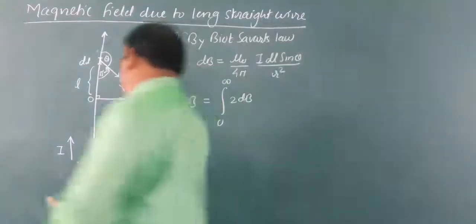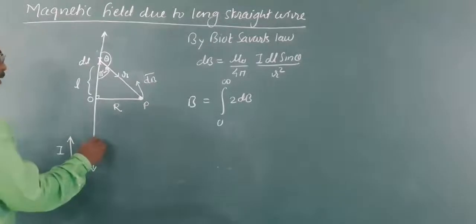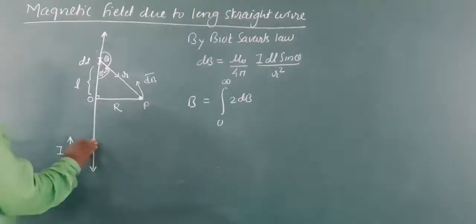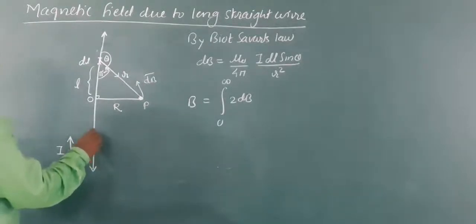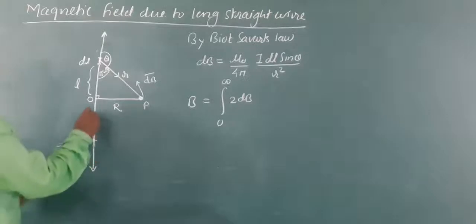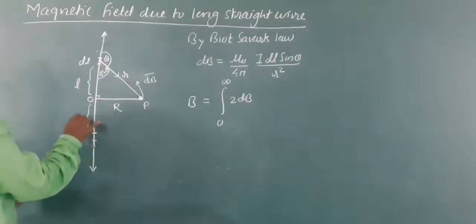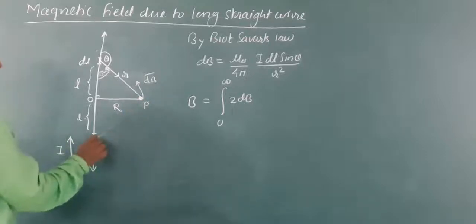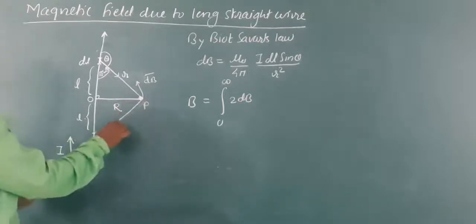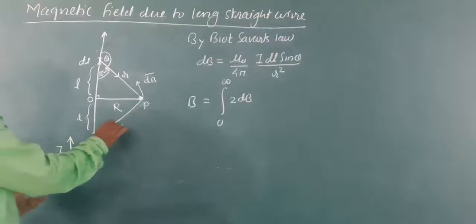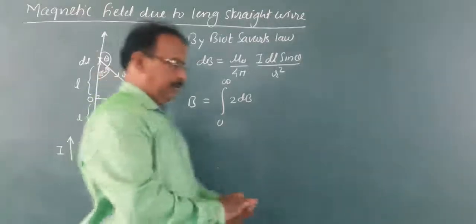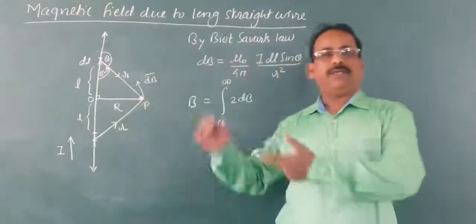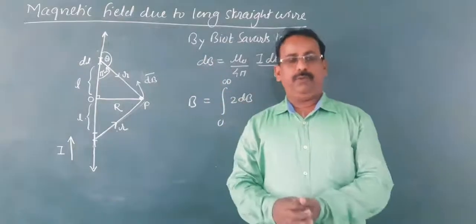If we consider another small element at the same distance from the lower side, the magnetic field produced by this element also comes out equal.